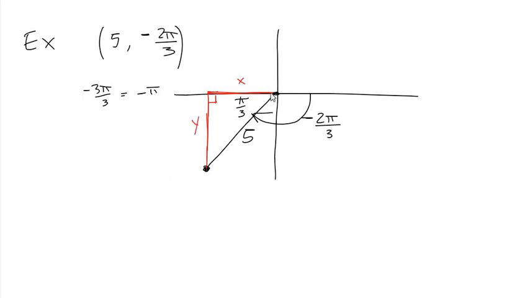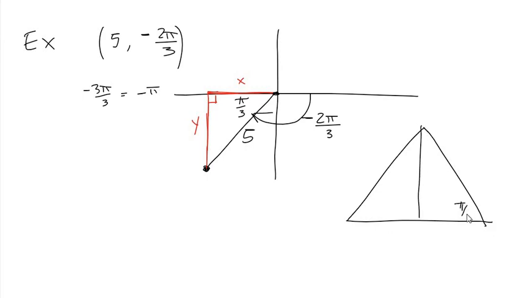And so we need to figure out what the side lengths are if this angle is pi over 3. Well, I know what triangle I'm working with, because the reference angle makes that clear.